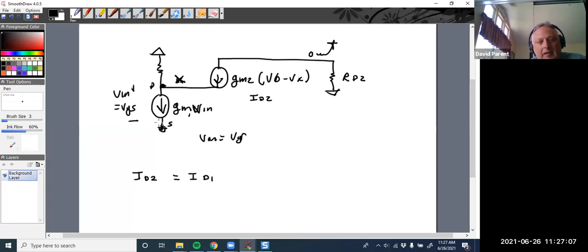Now, yes, some of this current can be pushed that way, and some of this current can be pushed that way. IRD1, I'm just going to have it go this way. Hopefully I get it right. So that would be in, out, out, plus.